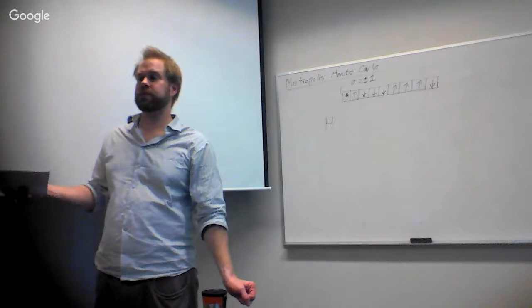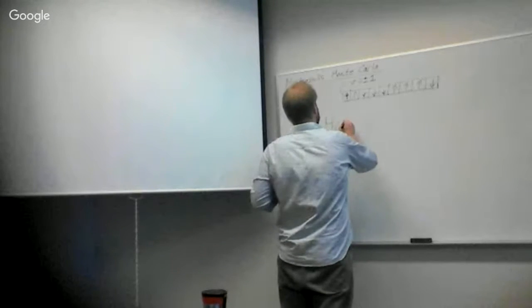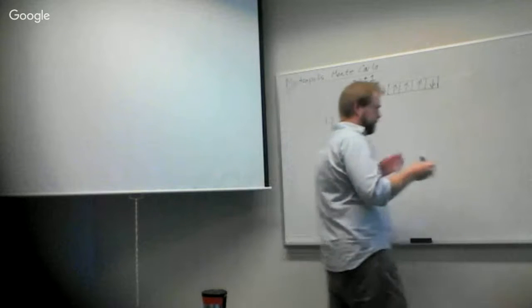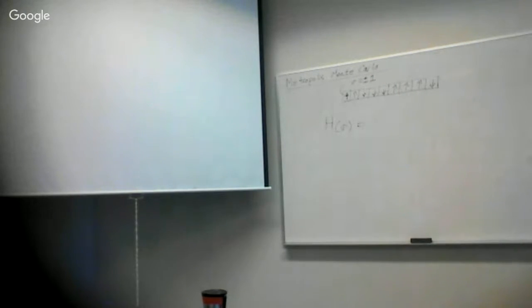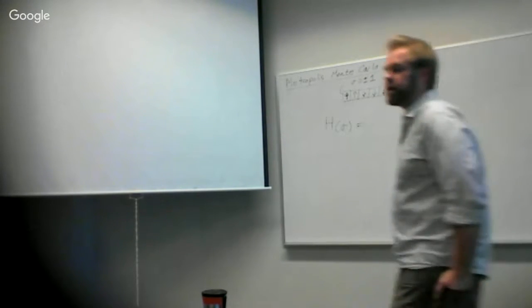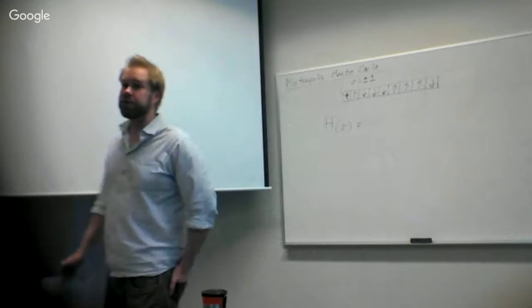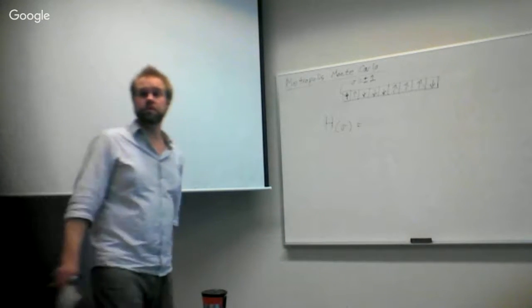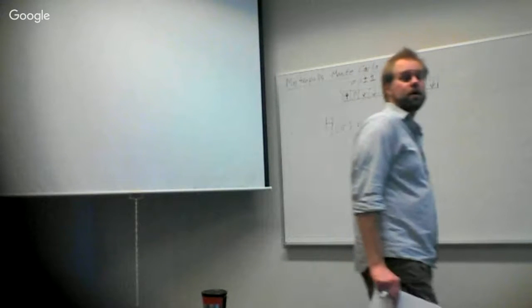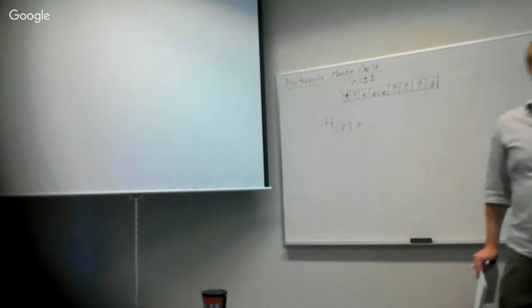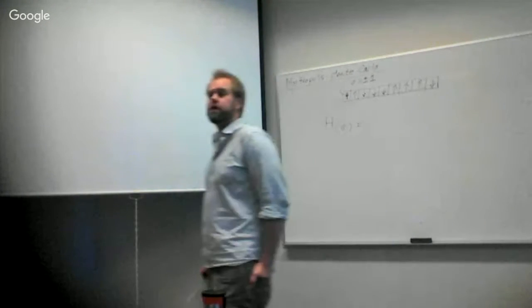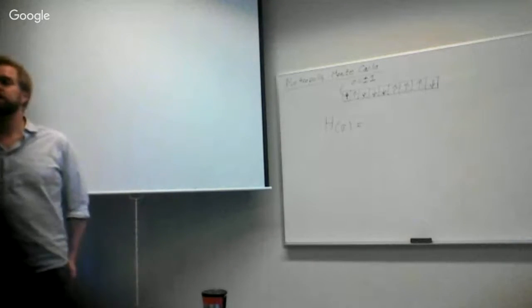Everybody cool with this so far? What do you think the Hamiltonian might look like? Remember, if it is time independent, then your Hamiltonian gives you your energy. What do you think should go into the energy?